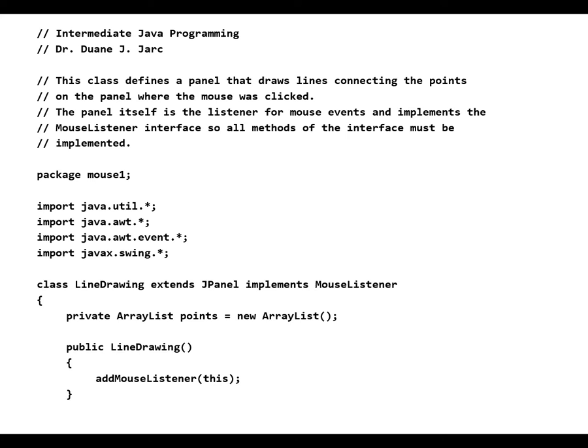This program will consist of 2 classes. LineDrawing is the first of them. Notice that it is the class that extends JPanel, so it is the class that will actually be performing the drawing. It has one instance variable, which is an ArrayList of type Point.